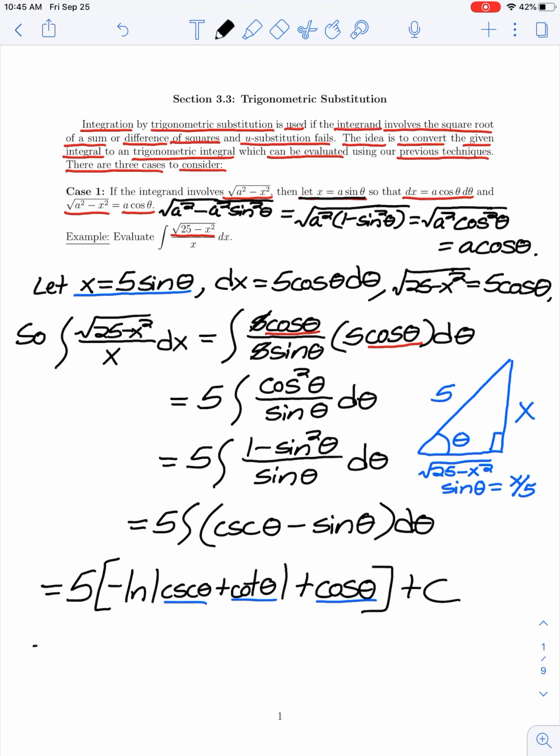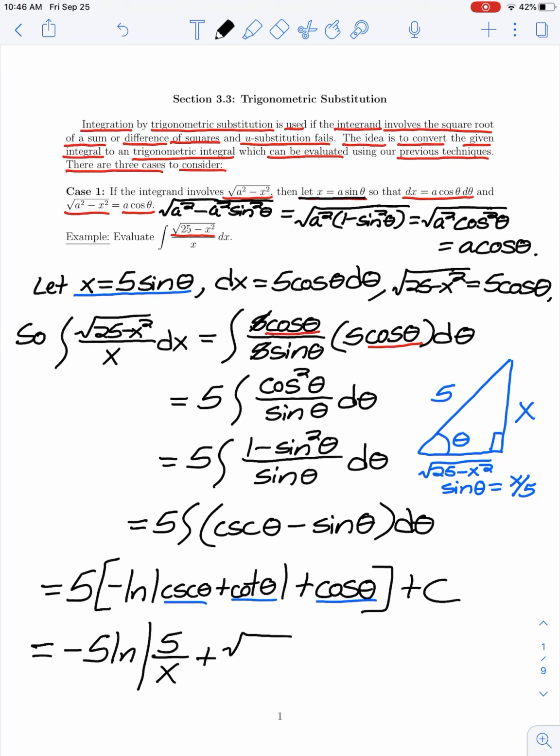We have, if we distribute our constant 5, a negative 5 times the natural log of the absolute value of cosecant theta. Now cosecant theta is 1 over sine of theta, so we would have the ratio of the hypotenuse over the opposite edge. In other words, 5 over x, or the inverse of our sine theta function. Plus cotangent of theta, or 1 over tangent of theta, which would be the ratio of the adjacent over the opposite edges.